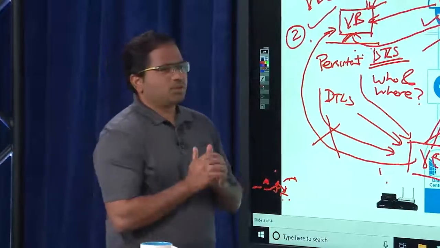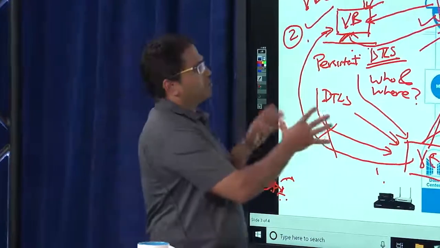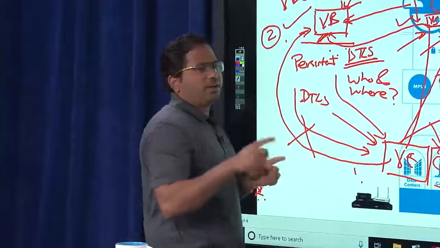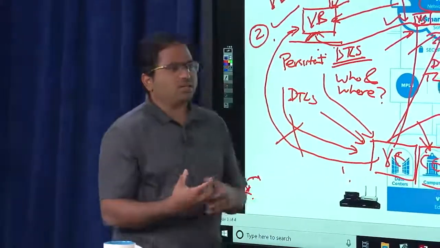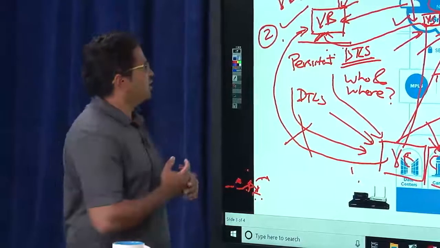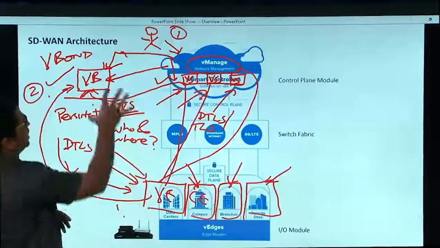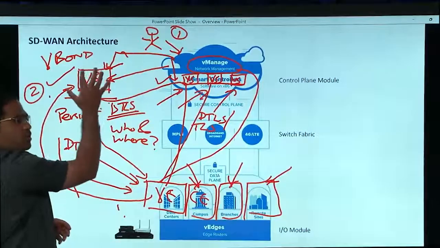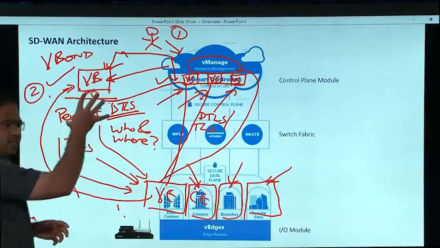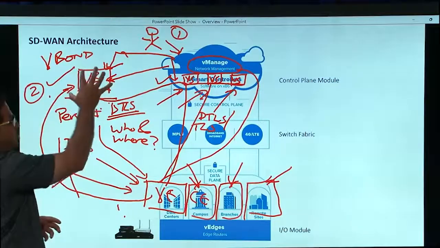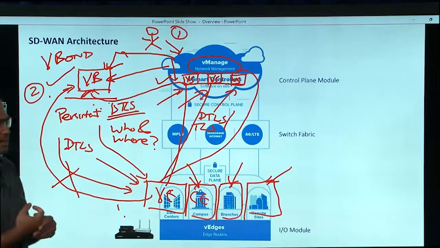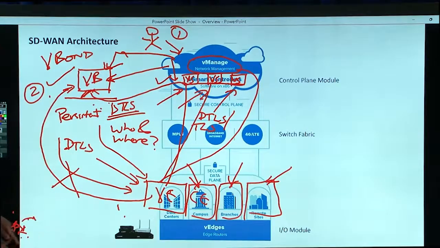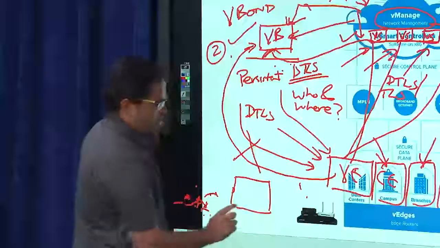Absolutely. So I'll recap the steps that we went over right now, and also double click on the fact that I said this all is zero touch in terms of the customer's perspective. So now that we know there's a call home server here called the vBond for a particular organization or particular customer, what we did in terms of a zero touch architecture story is just have another vBond in the network.